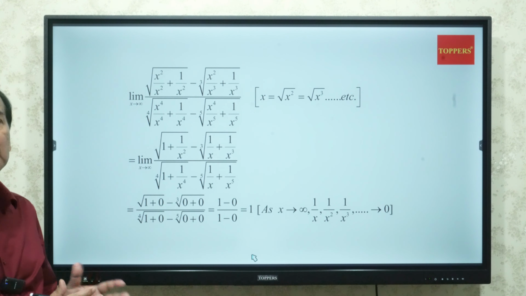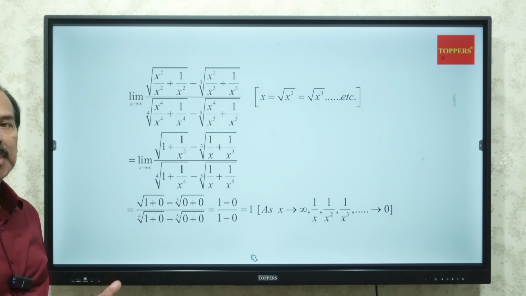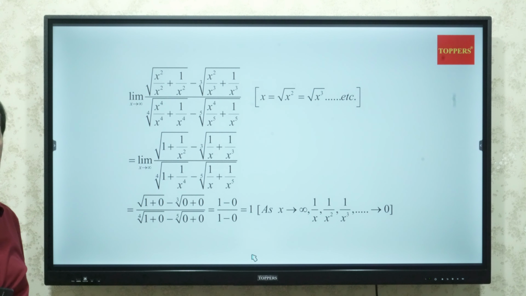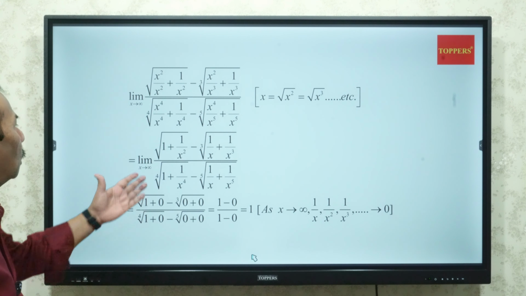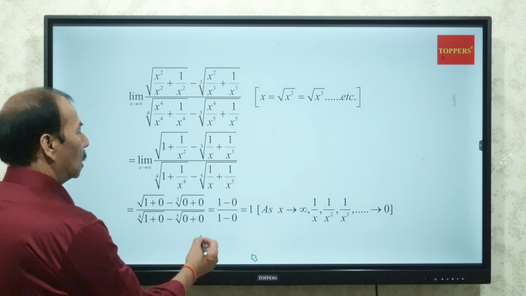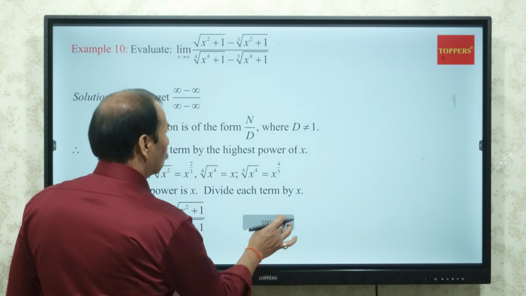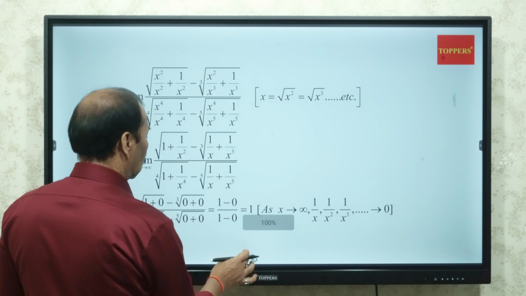considering the relation that when x tends to infinity, 1 upon x or 1 upon x square, 1 upon x cube, that will tend to 0. So using all that concept, we are getting this value.